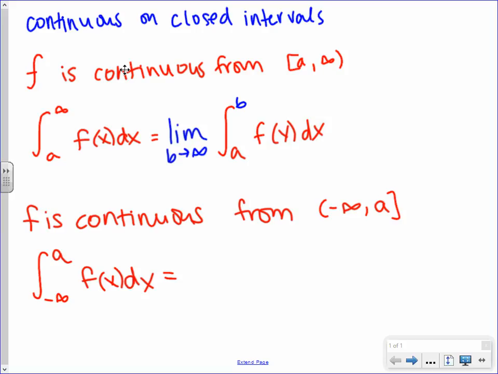In this case, we would just replace negative infinity with a letter. For fun, I'm going to choose c. And then you would evaluate this integral, and with that antiderivative, you will evaluate the limit. Wait, I see you put infinity or negative infinity? There should be a negative there. You just can't see it.